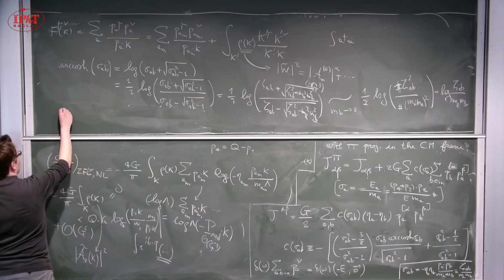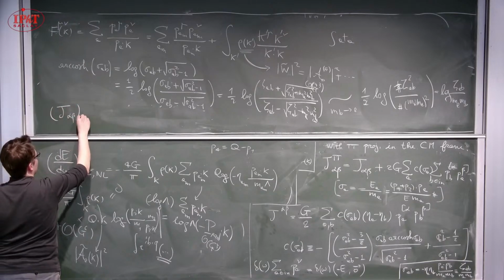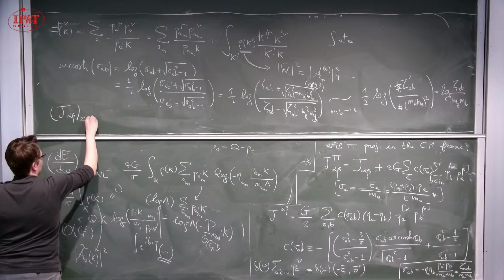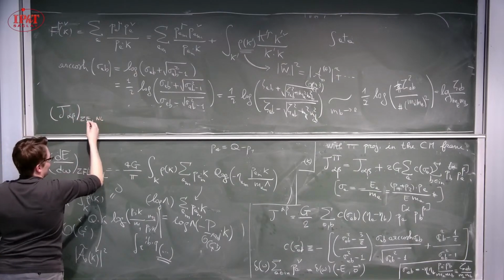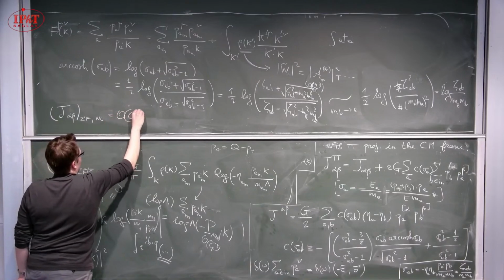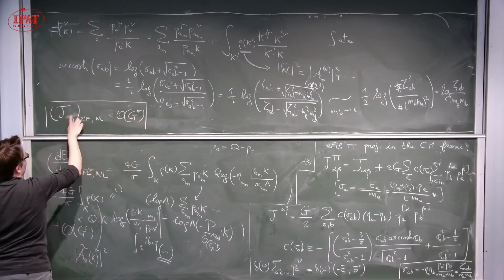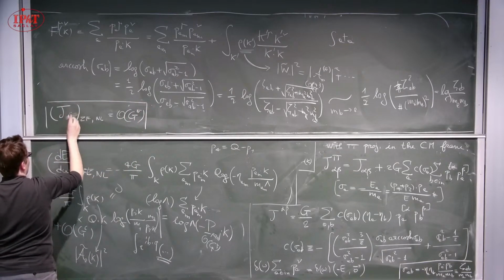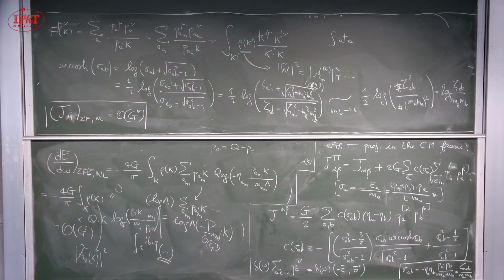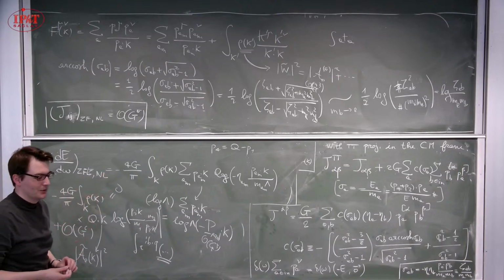So in other words, J alpha beta due to the zero frequency mode, due to nonlinear memory, this cross term is actually of order G to the 5. More precisely, the J, because this does not depend on TT or non-TT. So the angular momentum loss in the center of mass frame, at order G to the 4, does not depend on this effect due to nonlinear memory.